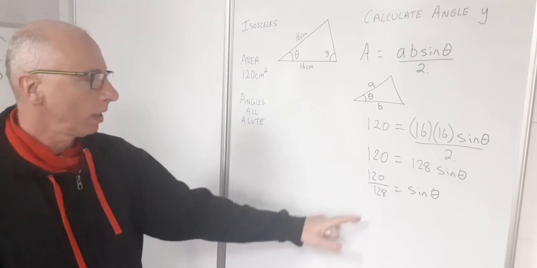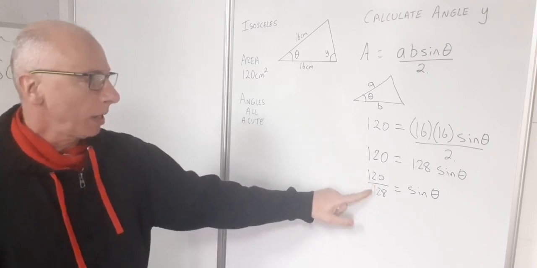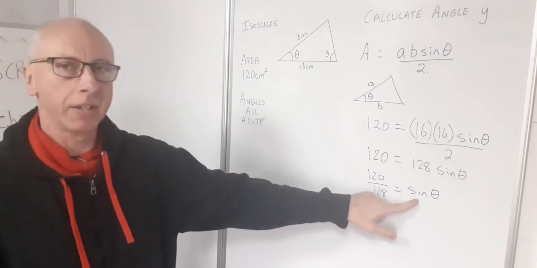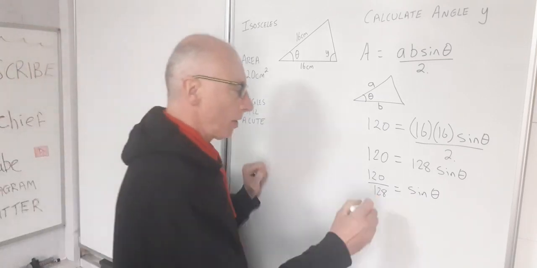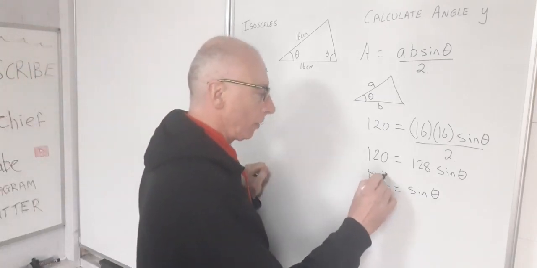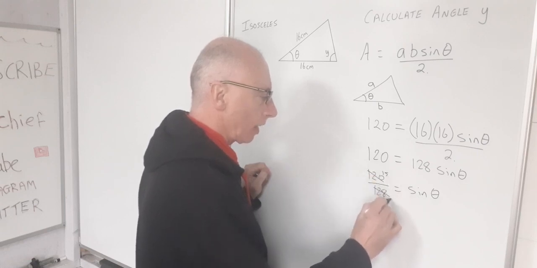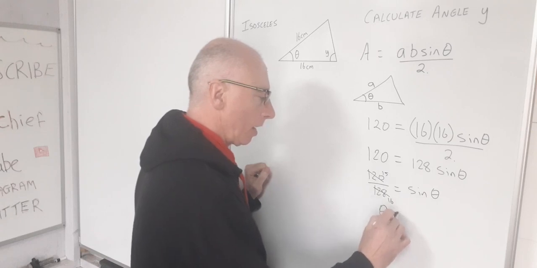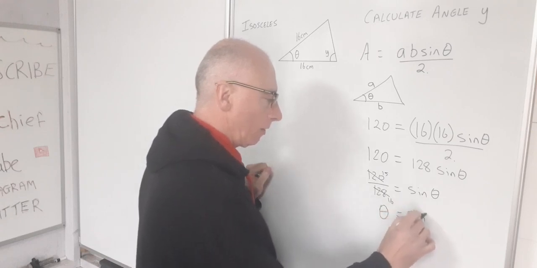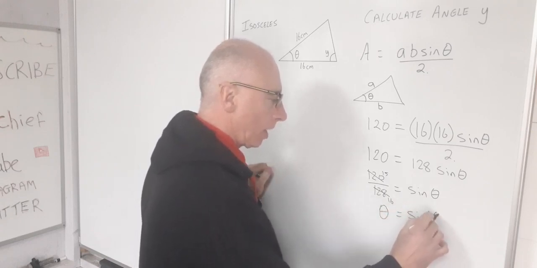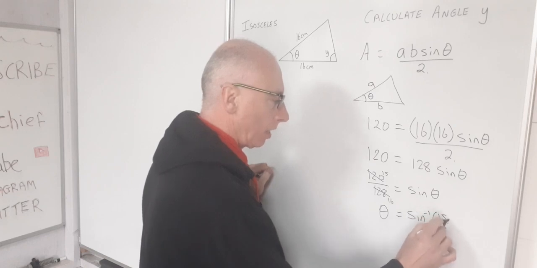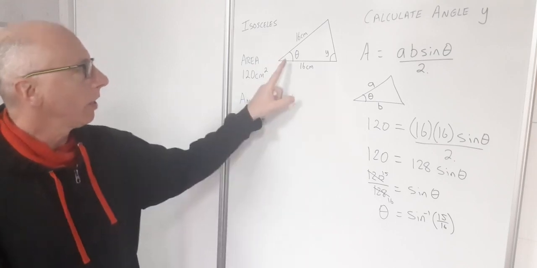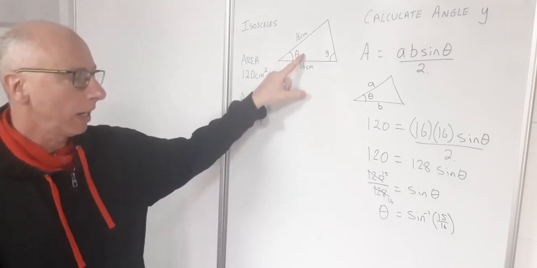Okay, well, 120 divided by 128, let's divide through by 8 and find the inverse sine. So 8 into 120 goes 15, 8 into 128 goes 16. So now, bringing this on this side, theta equals the inverse sine, or the arc sine if you like, of 15 over 16. So now we've got a calculation for this angle here.